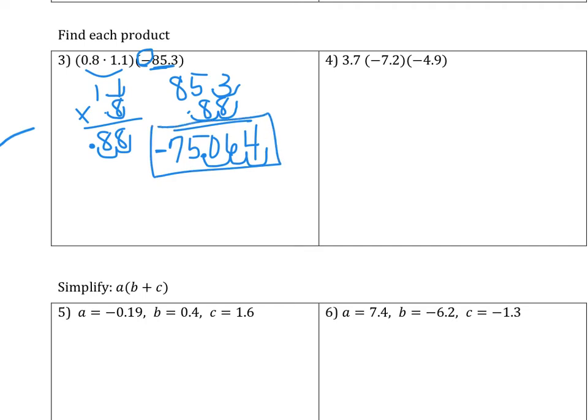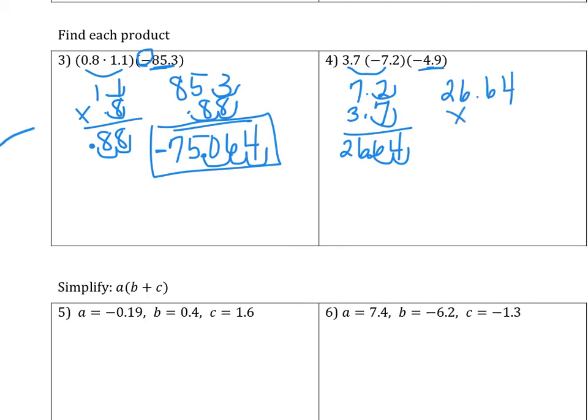Number 4, multiply those two together, 7.2, 3.7, and I get 2664, 1 decimal point, 2 decimal points, 1, 2, and now I'm going to multiply that by this factor, 26.64 times 4.9, and that is going to be 130536 when I do the math on that.